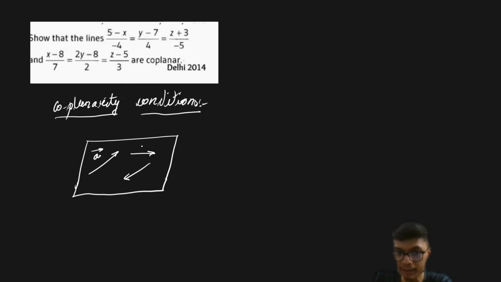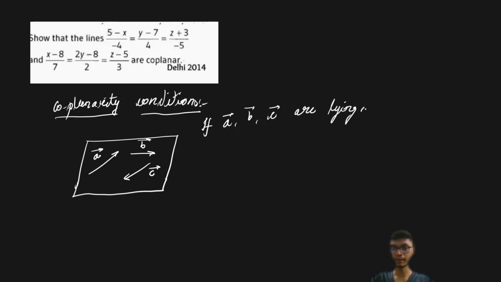If these three vectors are lying on a plane, then we simply equate their scalar triple product to 0. The scalar triple product, which is given by the box of A vector, B vector and C vector, I will equate to 0.